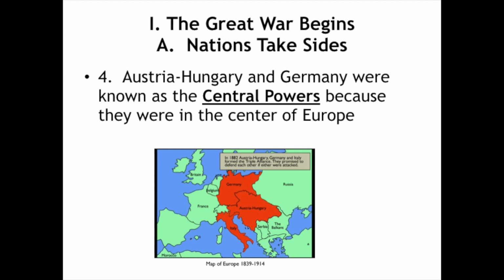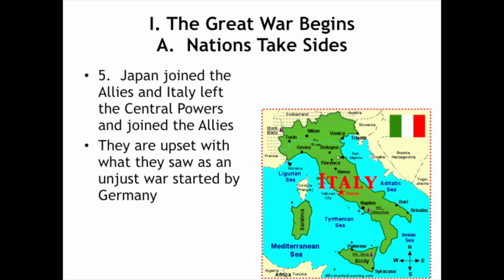Now, from here on out, we'll use two terms to define the sides: the Central Powers and the Allied Powers. Austria-Hungary and Germany would become known as the Central Powers because they were in the center of Europe. The Allies would eventually add Japan as one of their countries, Japan wanting to get in on European power and prestige, and they would also add Italy.